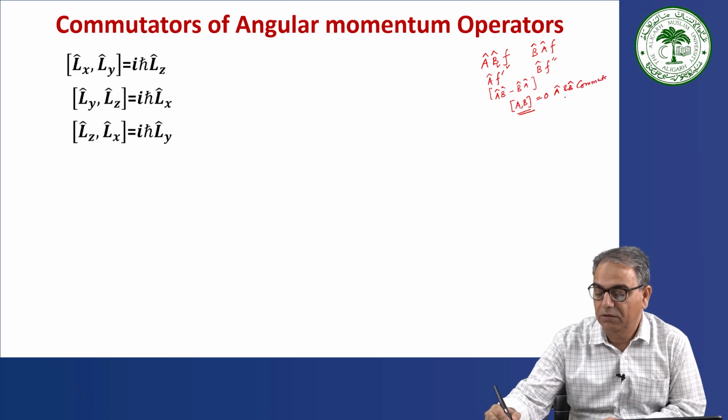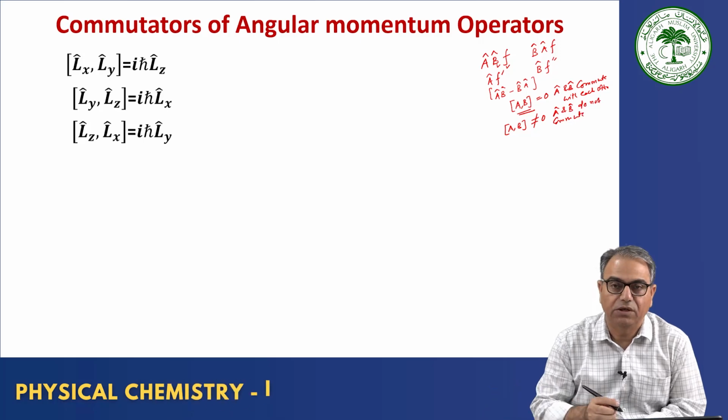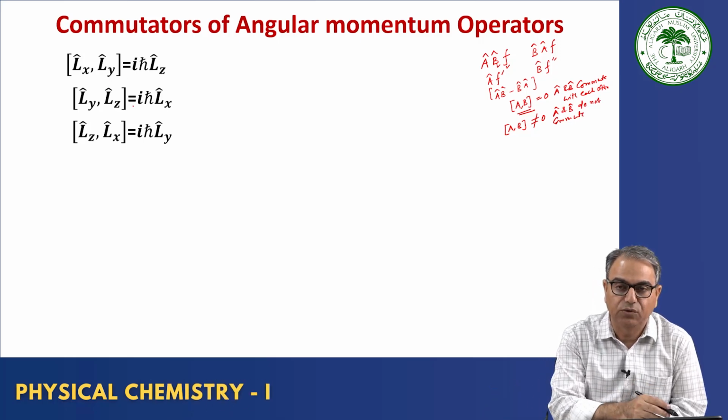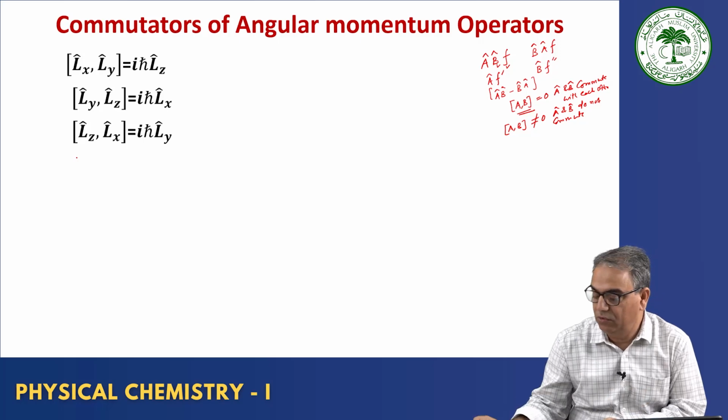If the commutator [A, B] is not equal to 0, then we say A and B do not commute. So Lx and Ly do not commute, Ly and Lz do not commute, and Lz and Lx do not commute.